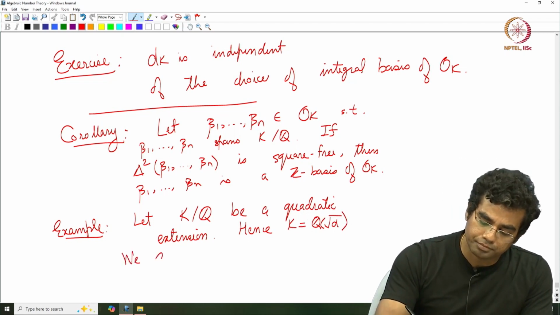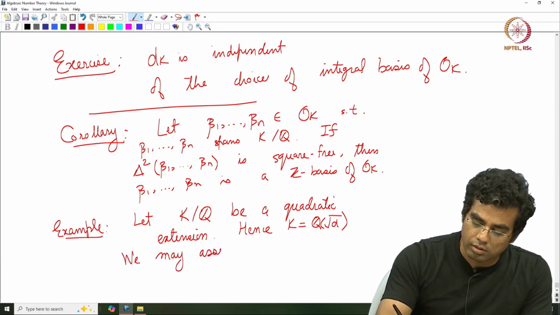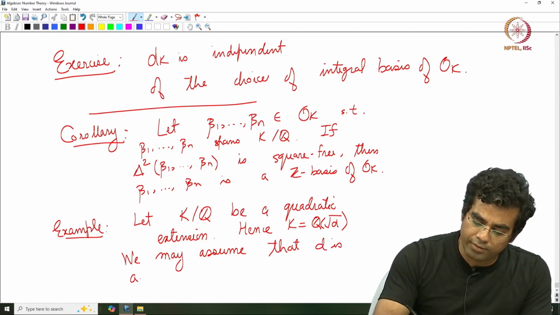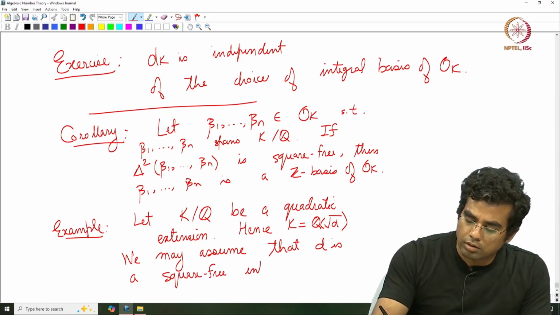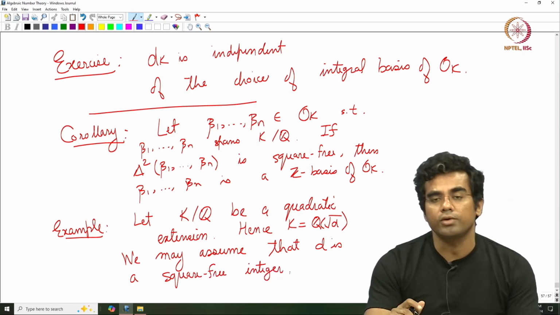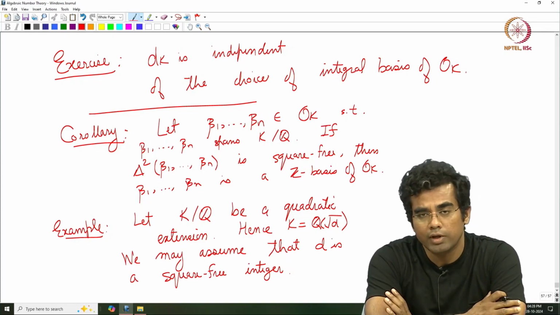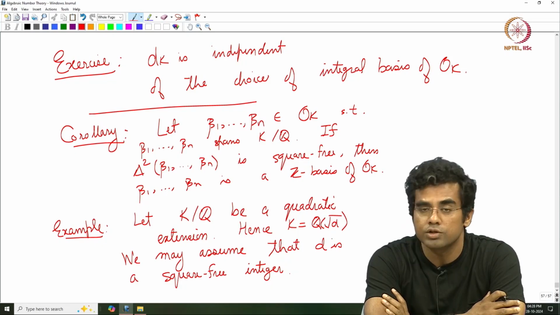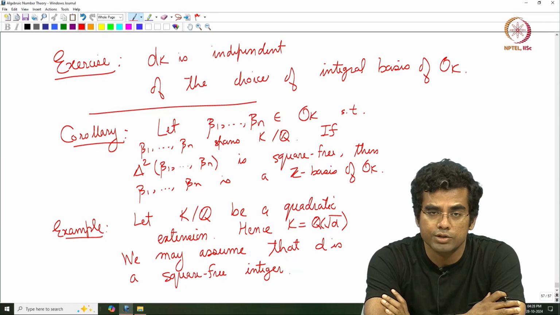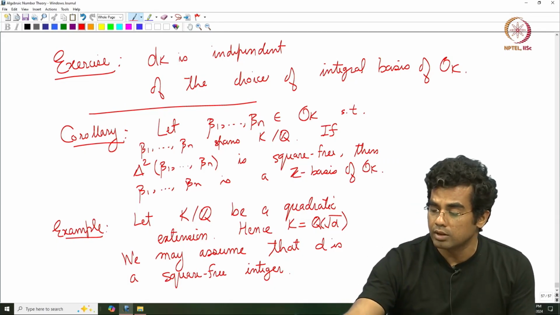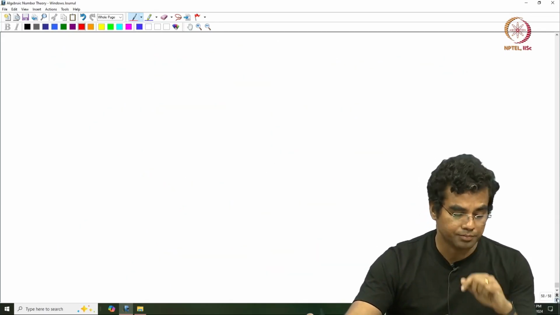We may assume that d is a square free integer. Any quadratic extension of Q is obtained by adjoining square root of a rational number, but we can clear out the denominators and assume it is a square root of an integer, and of course we can take away whatever squares there are dividing this d, and so we can assume that it is a square free integer. This is a useful assumption.